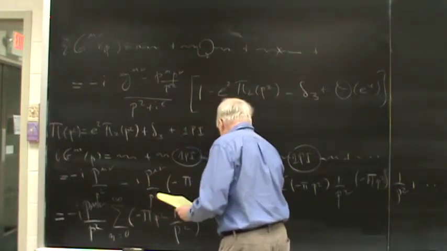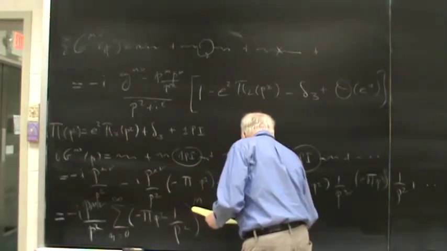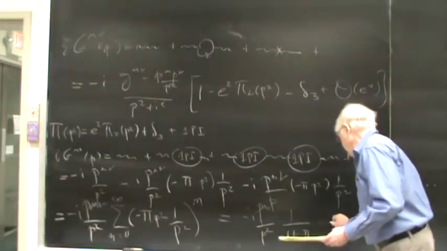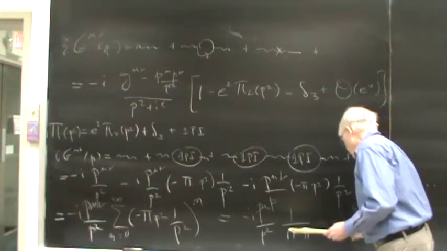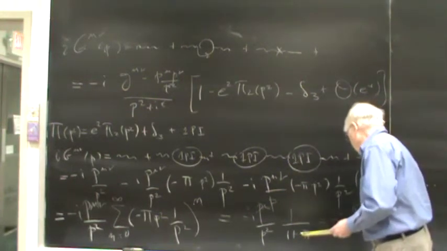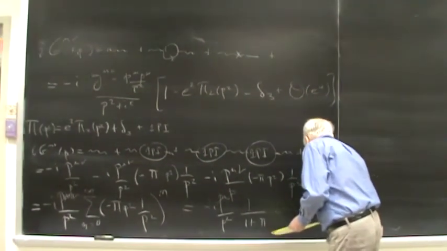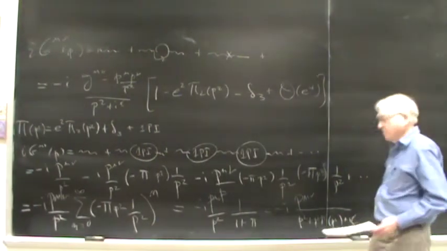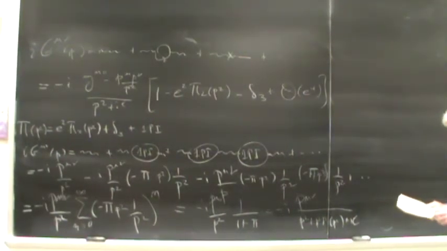And this then is minus i P mu nu over p squared times 1 over 1 plus pi. And that's 1 over, remember, P mu nu is that projection operator, divided by p squared plus p squared pi. And it's p squared plus i epsilon, if you want to add that in also. Okay, so that's our photon propagator.